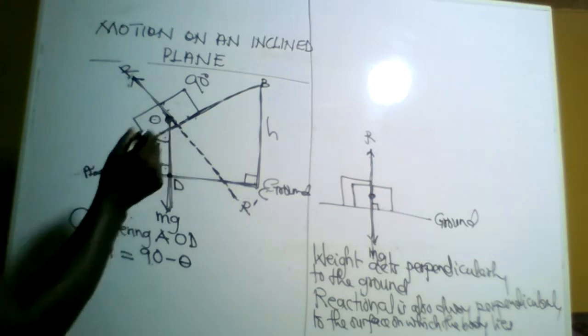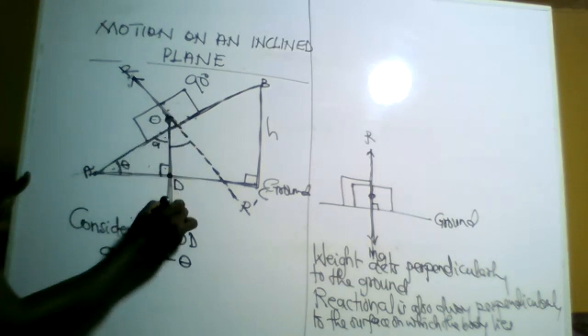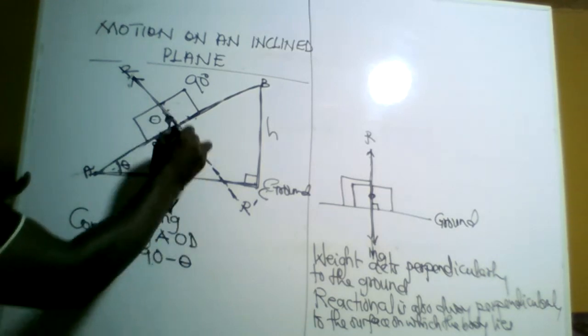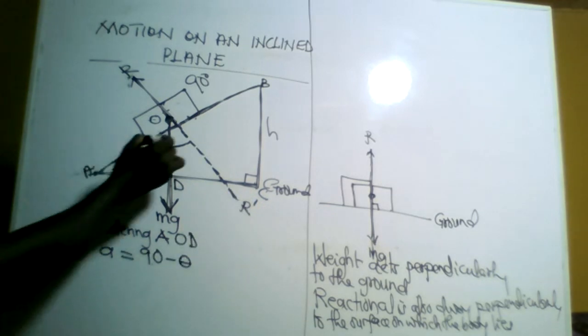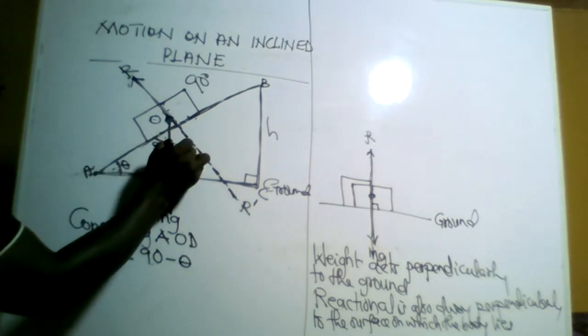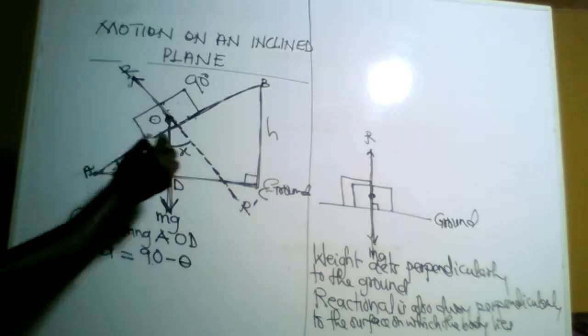Now, what will be this angle between the weight MD and the extended line of the reaction? Sir, please, 90 degrees. No, we are looking for this angle.